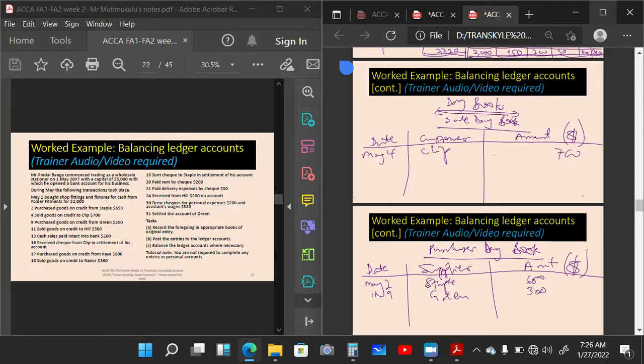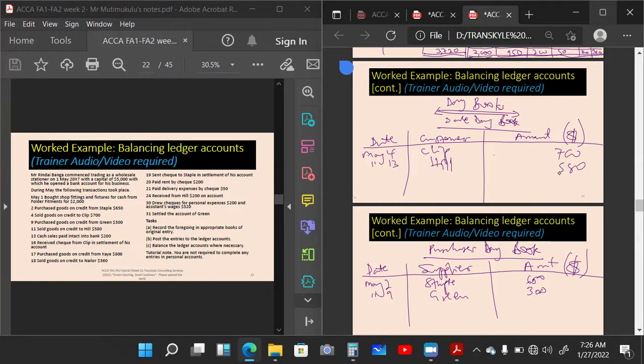Then we move on. Sold goods on credit to Hugh, 580. When was that? On the 13th of May. Hugh, 580.